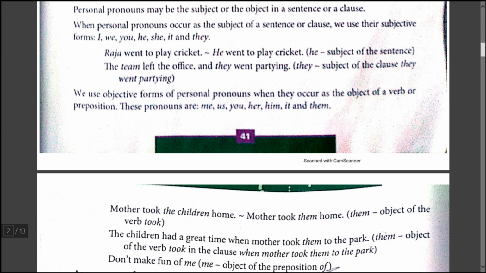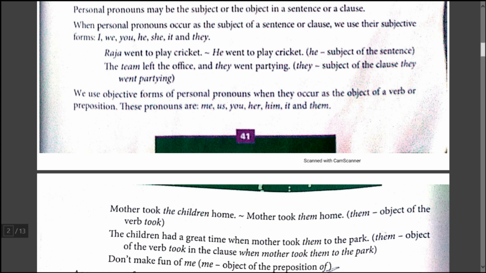So before the verb, after the verb, a preposition will be there; I shall explain in detail further. These pronouns are me, us, you, her, him, it, and them. In the table also it's given in objective. Personal pronoun objective, where subjective is there, next to that objective is given. What are they? Me, us, you, him, her, it, and them.